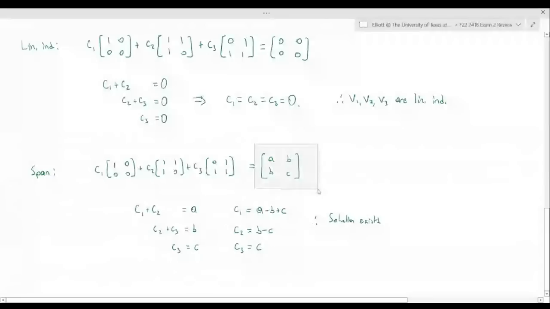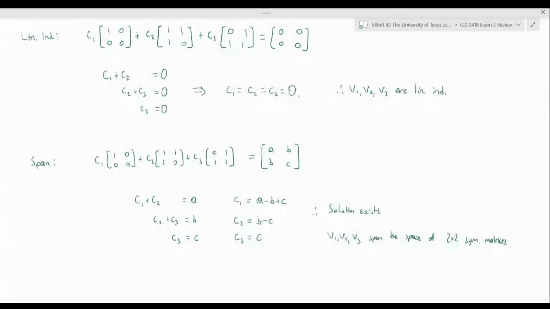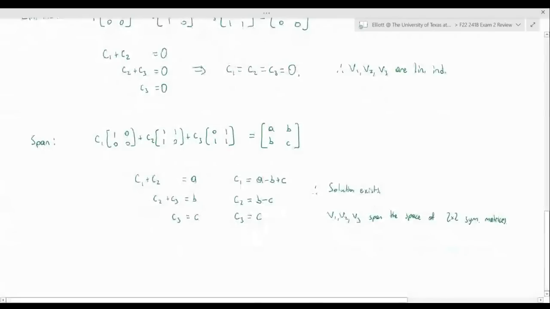And so that would prove that V1, V2, and V3 span the whole space, okay? And then because they are linearly independent and also span the whole space, that would prove that they are a basis for the space, okay?